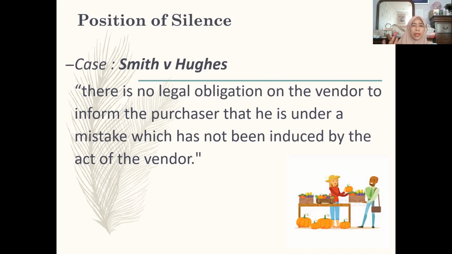In Smith v Hughes, it is stated, as part of the judgment, there is no legal obligation. There could be a moral obligation, but there's no legal obligation on the vendor to inform the purchaser that he is under a mistake which has not been induced by the act of the vendor. So the vendor is not the one who caused the purchaser to buy. It's the choice of the purchaser to buy, right? So there's no legal duty on the part of the vendor.